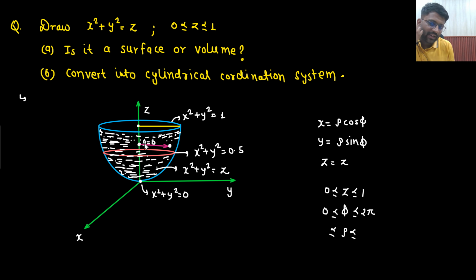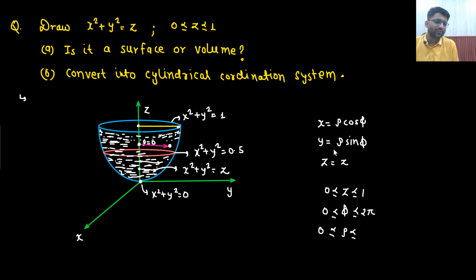Rho equals 0 at the axis, and rho is coming till the surface of the bowl. Here rho going from 0 to 1 is not always right. From this point, rho is going from 0 till this surface.